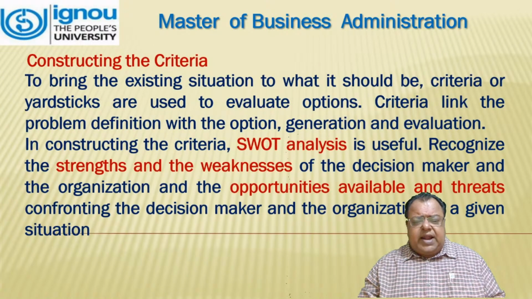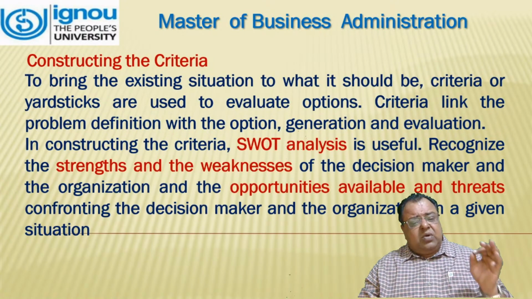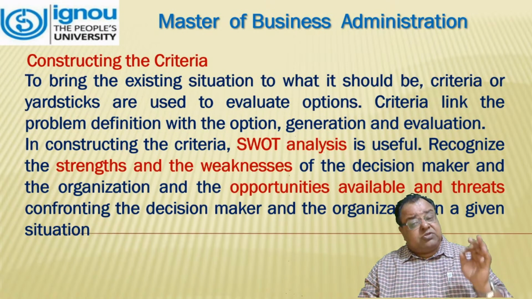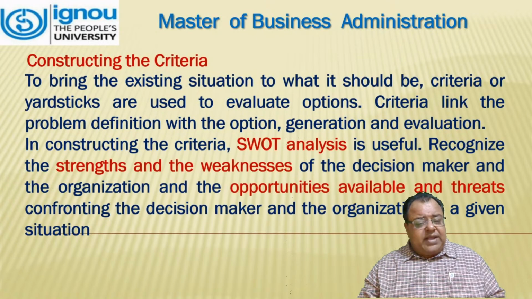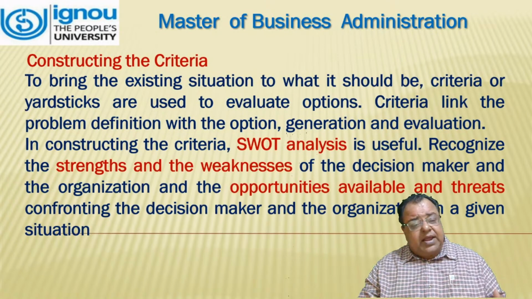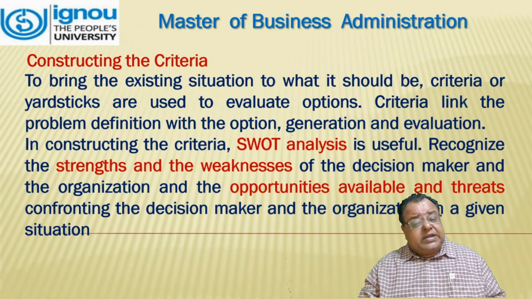In constructing the criteria, SWOT analysis, which stands for strengths, weaknesses, opportunities, and threats, is useful. Recognize the strengths and weaknesses of the decision maker and the organization, and the opportunities available and threats confronting the decision maker and the organization in a given situation.